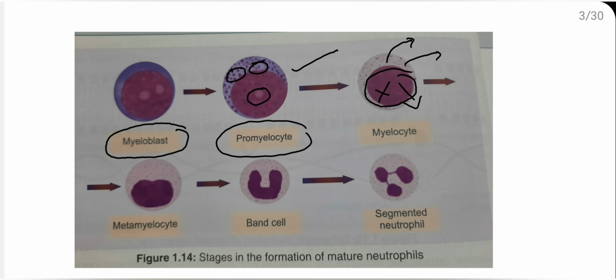Coming to metamyelocyte, you see a small indentation in the nucleus, and if this indentation gets deeper, then it becomes band form. And neutrophil, all of you know, has 2 to 5 lobes connected by a strand. So this is the myeloid series of cells.